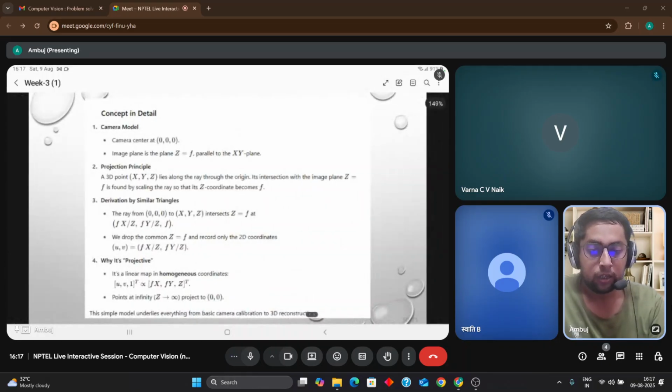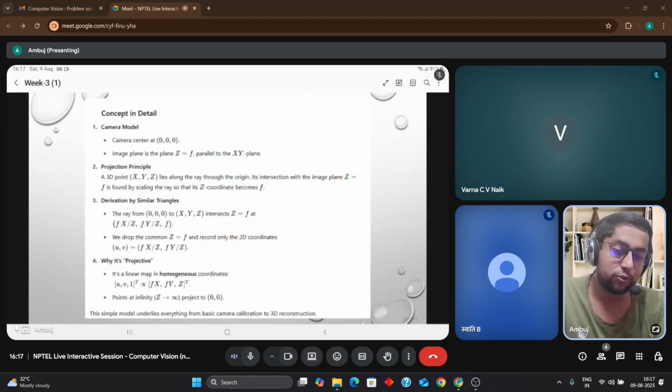In the camera model, the camera center has already been taken as 0, 0, 0. The image plane is the plane z equal to f, parallel to the xy plane. A 3D point X, Y, Z lies along the ray through the origin. The intersection with the image plane z equal to f is found by scaling the ray so that the z coordinate becomes f.